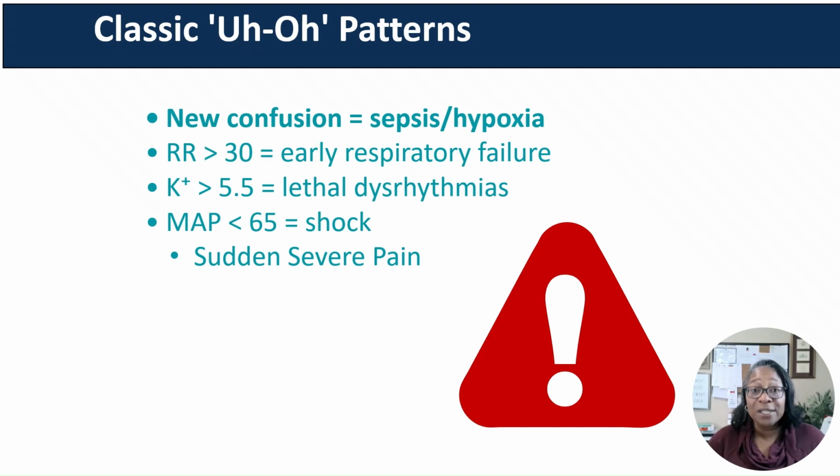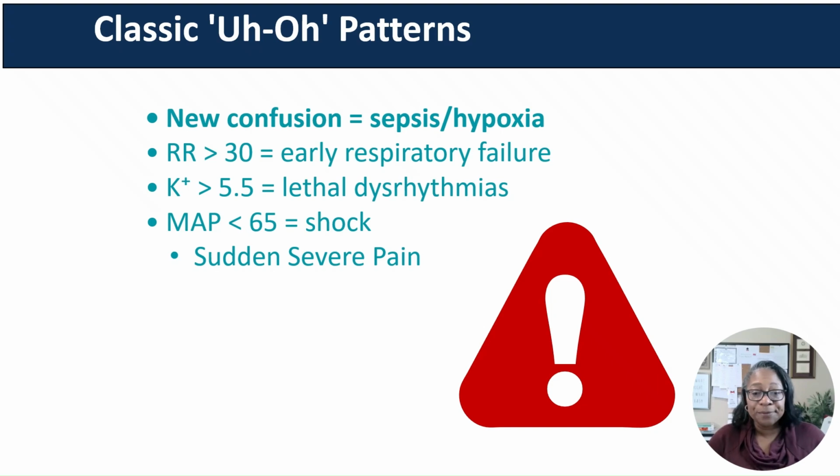Number two, respiratory rate greater than 30. That's showing respiratory distress. This is often the earliest sign of decline. Number three, SpO2, so your oxygenation status is less than 92 on oxygen. Okay. That is going to tell you that your patient is having a failure to oxygenate.